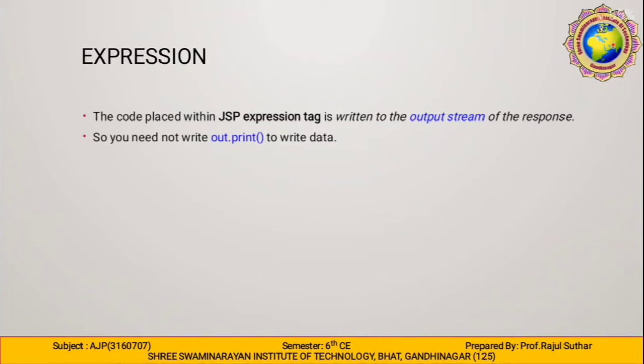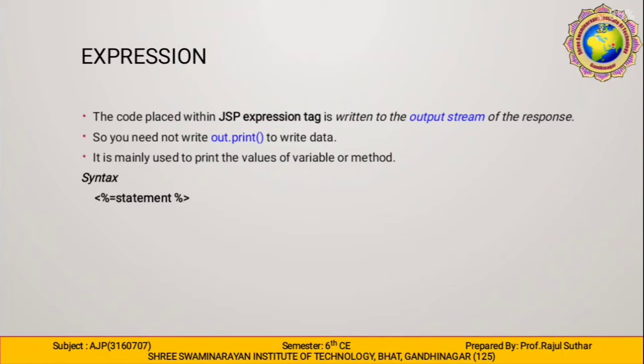So you need not write the out.print method to write the data. It is mainly used to print the value of a variable or method. The syntax is less than percentage is equal to statement, and the statement is used between this JSP tag.